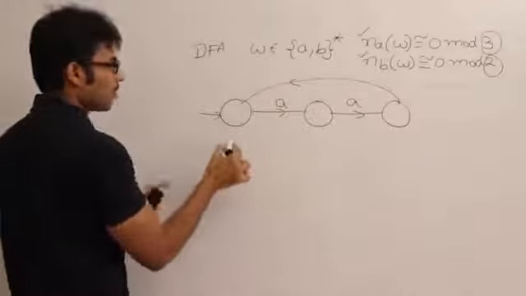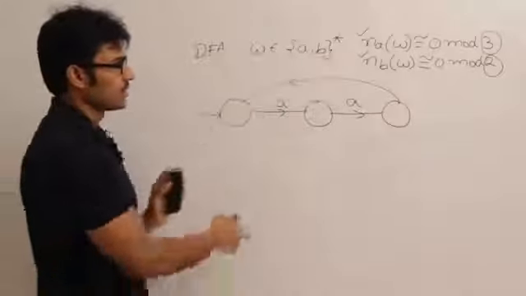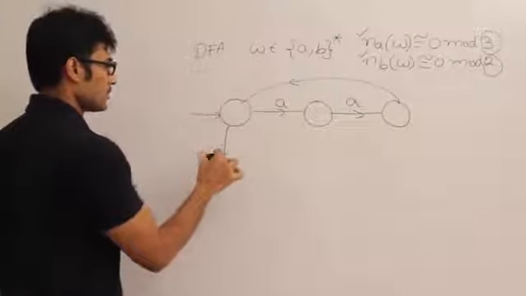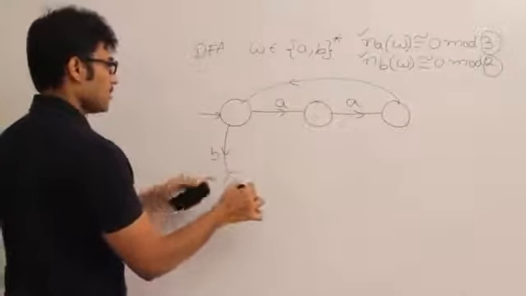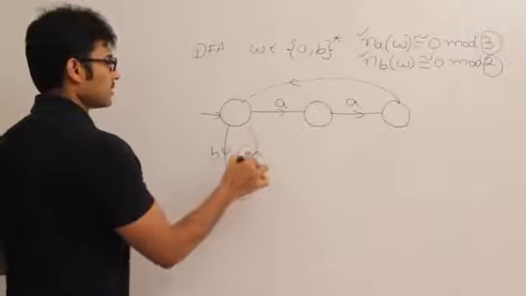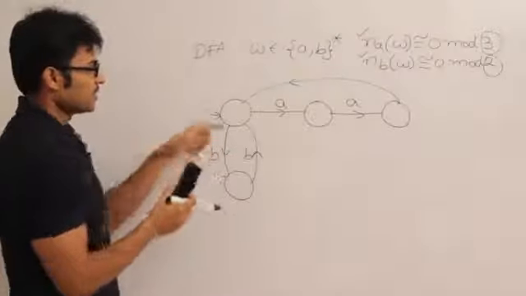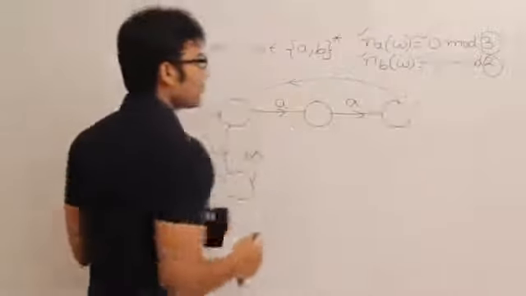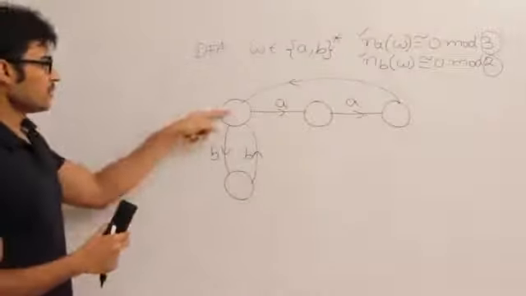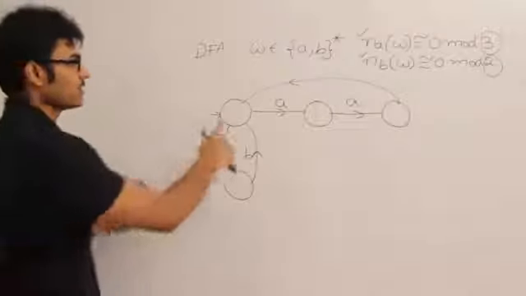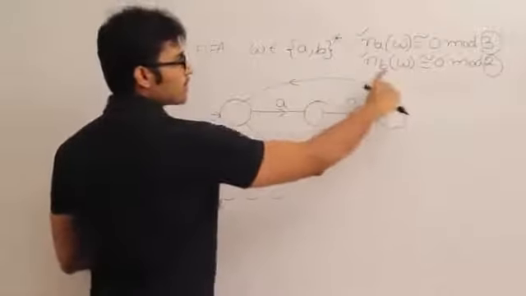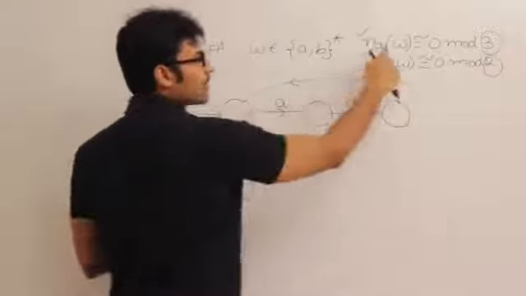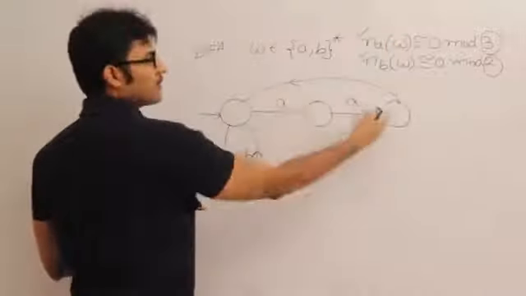Similarly, I am going to count the number of b's vertically: 0 b's, 1 b, 2 b's, 3 b's, which means even b's, odd b's. So it is nothing but divisible by 2 and not divisible by 2. So b's will have only 2 states and a's will have 3 states. Why? Because the number of b's has to be divisible by 2, that is tracked by only 2 states, and the number of a's has to be divisible by 3, that is tracked by 3 states. Okay.